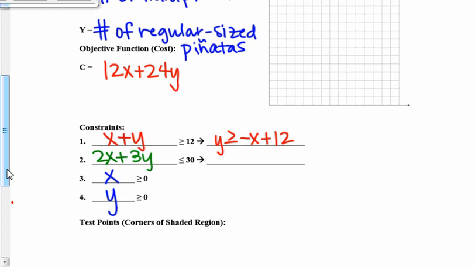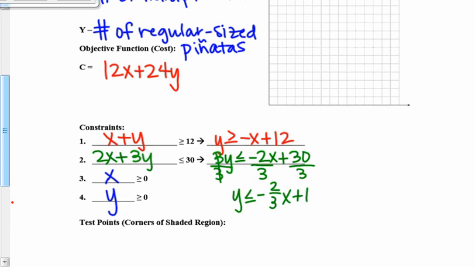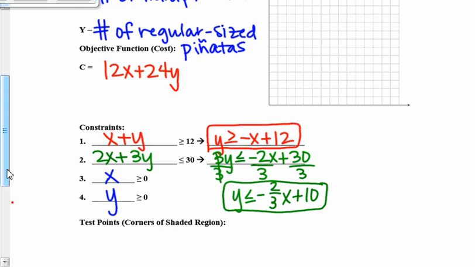So when I subtract 2x, I get 3y is less than or equal to negative 2x plus 30. Then I have to divide by 3, and I get y is less than or equal to negative 2/3 x plus 10. So here's one of my equations. Here's the other one, and the other two, 3 and 4, just come from being positive.